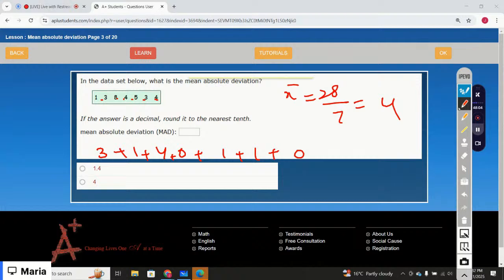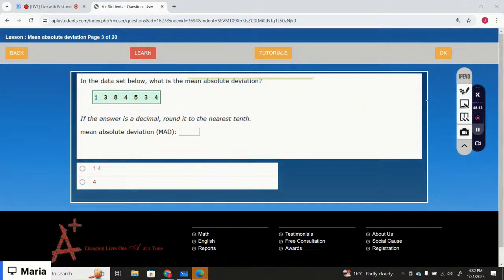And 10 divided by, sorry, there are 7 values. That is 1.4. Option number 1 is the correct option.